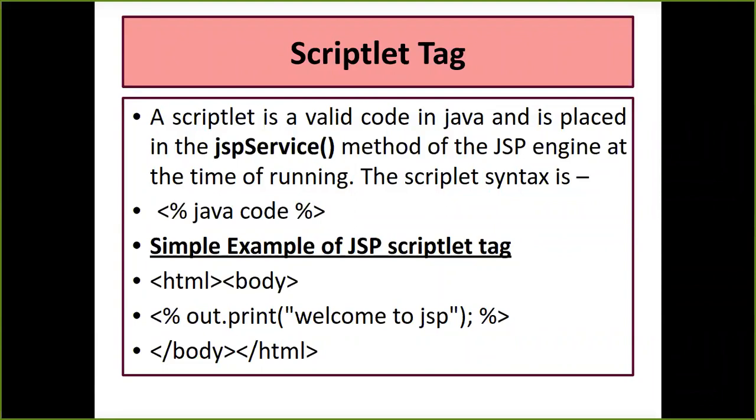If it is created, then it goes directly to the request processing step. And if the instance is not created, or if it is older than the JSP page, then it has to create a new one. For creating the new instance, it has to follow the 5 sub steps. I hope you have remembered those 5 steps.